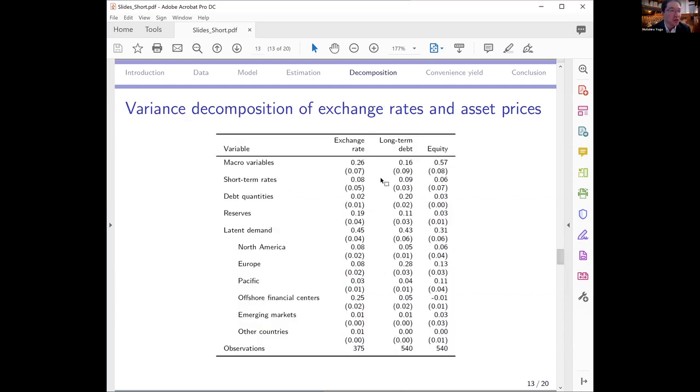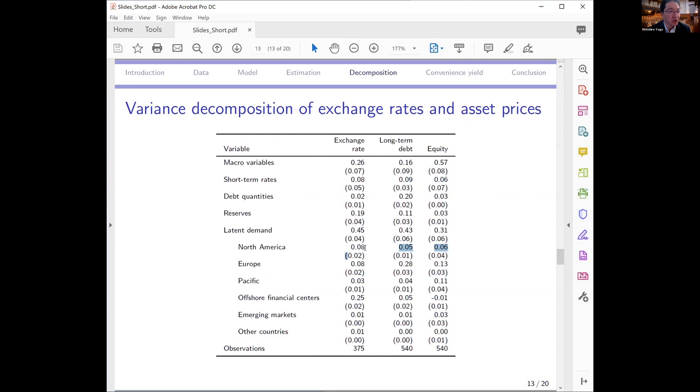Okay, so we decompose annual changes in exchange rates. 26% of the annual variation in exchange rates is explained by macro variables, 8% by short-term rates, 2% by debt quantities, reserves explain 19%, and the remainder 45% is latent demand. But one advantage of our approach is we can decompose latent demand into whose latent demand is it?